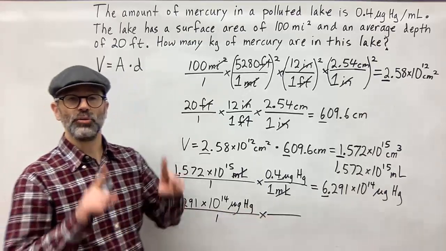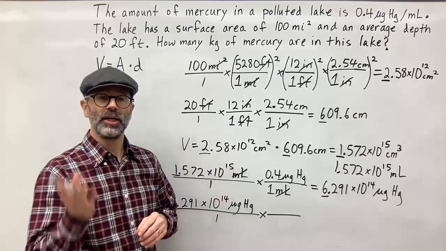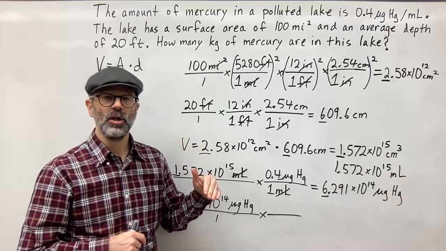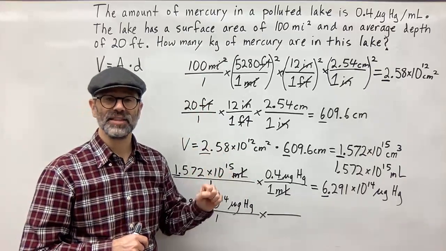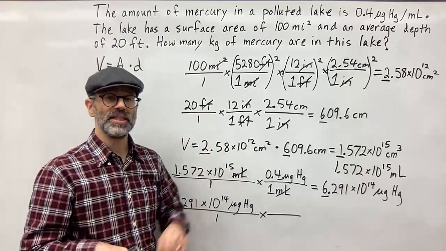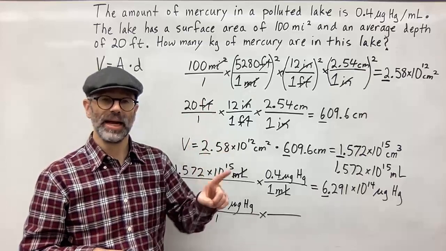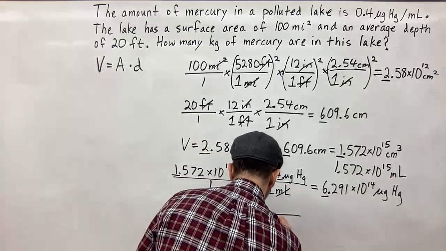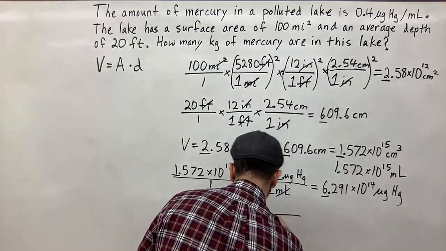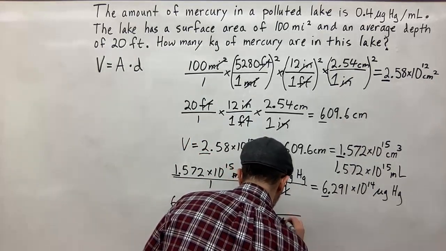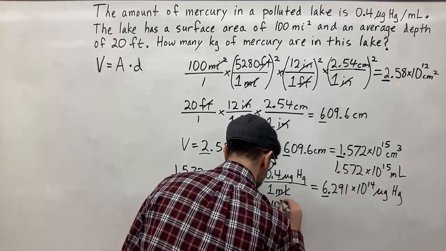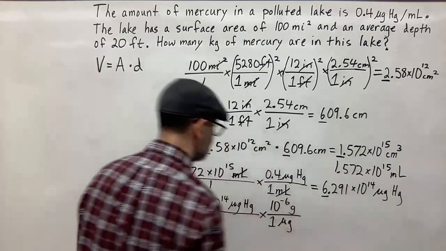Why? Because I know the relationship between micrograms and grams. Micro is 1/1,000,000th of a gram, or 10 to the negative 6. So 1 microgram is equal to 10 to the negative 6 grams. So I can use that. I'm going to put 1 microgram on the bottom and 10 to the negative 6 grams on top.